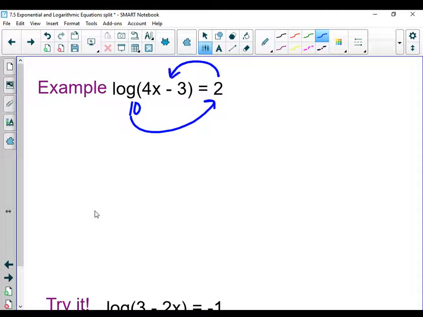And I have an algebra 1 problem. Go ahead and solve for x.